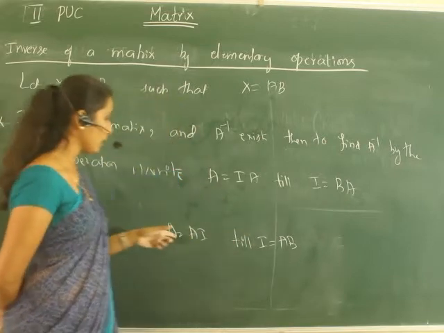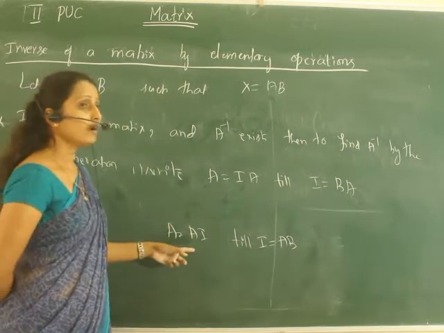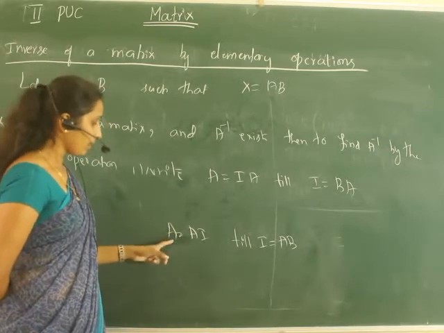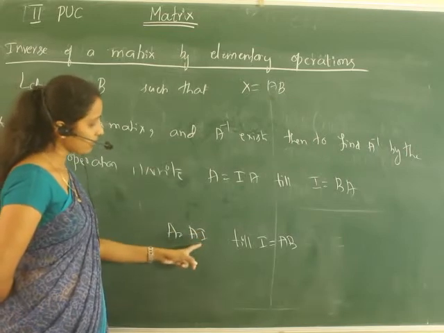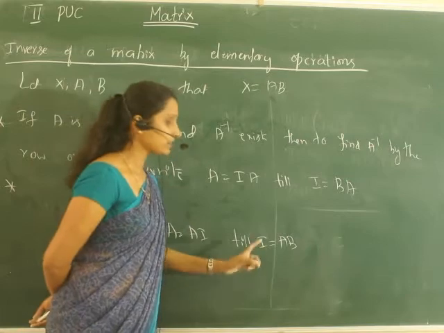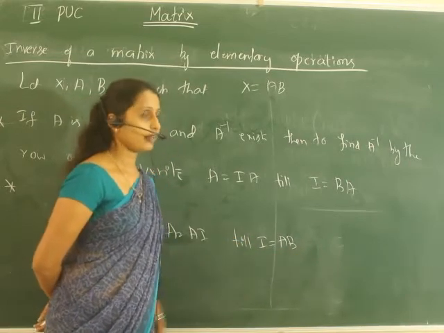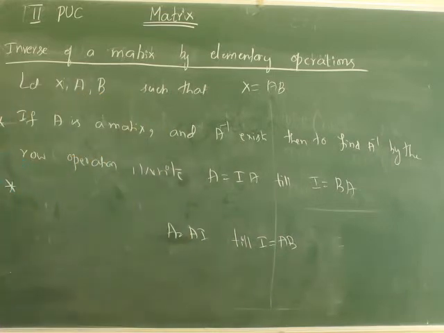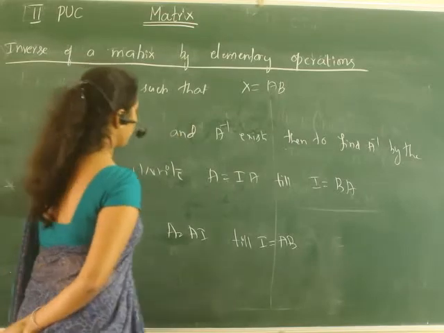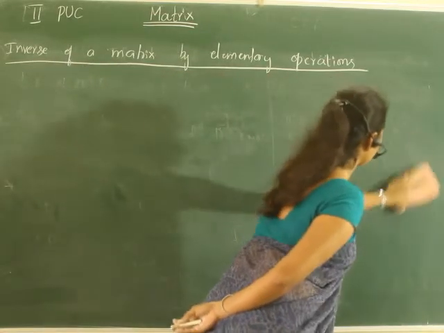Suppose it is to be calculated from the column operation, then write A is equal to A into I, then apply the column operations for the matrix A as well as for the matrix I, until we get I is equal to AB, then B is called the inverse of matrix A. So these are the main methods to apply the row operations or column operations.